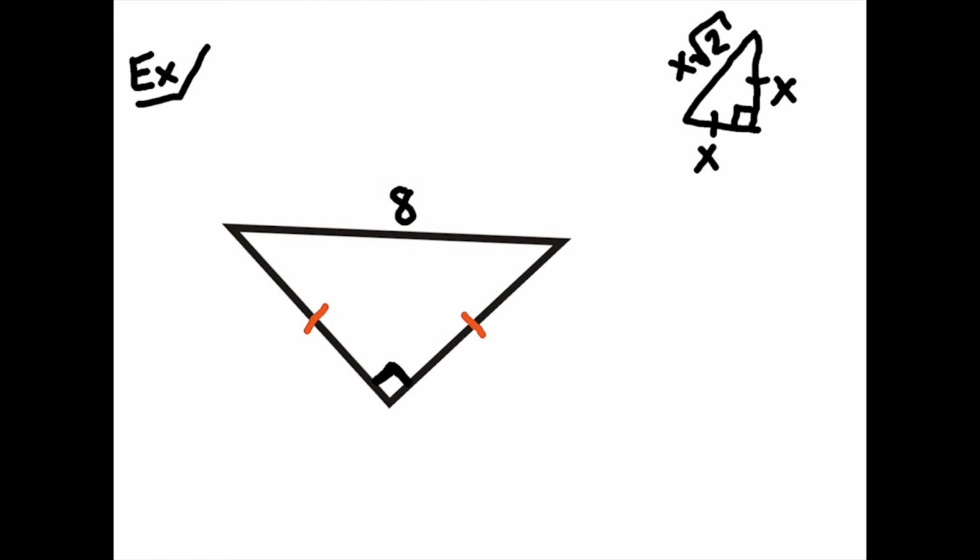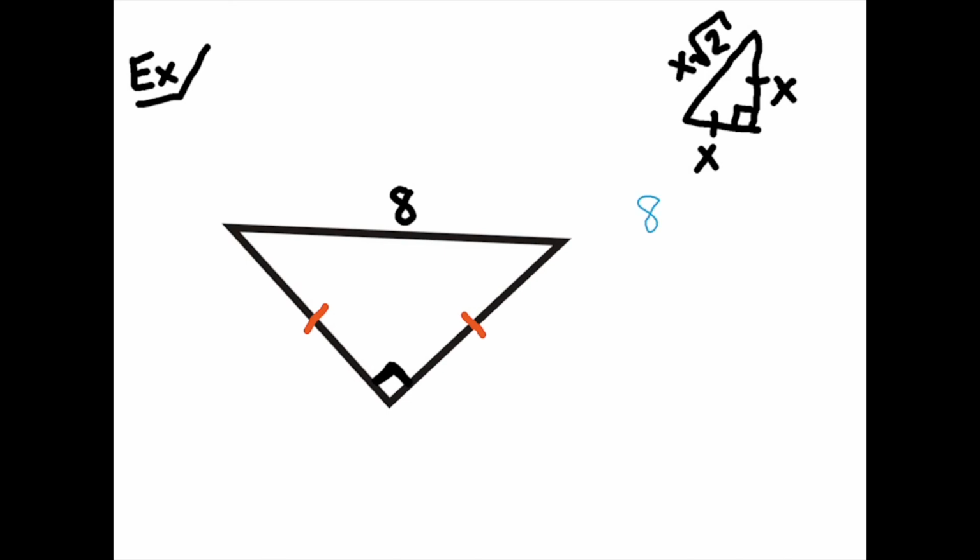In previous examples, it was really easy to pick out what that number was. But in this one, what's challenging is that root 2 isn't there. The way we're going to do this is set up an equation. Since the pattern is always true in these 45-45-90 triangles, that the hypotenuse is equal to x times root 2, I'm going to set this hypotenuse equal to x times root 2. That way, I can solve for x.